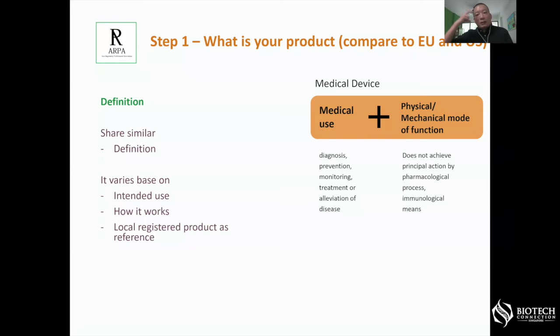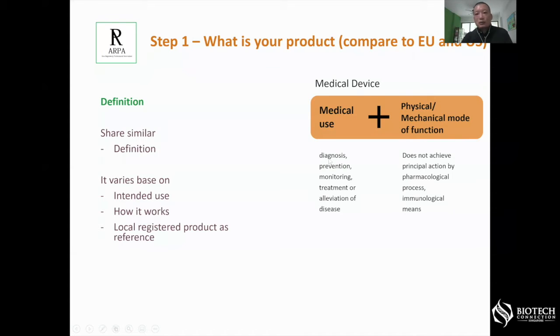Everybody knows color contact lens. The lens with color, but no power. So you don't correct any eye problem. You just give your eye color only. To you, it doesn't have a medical use, right? But it's a medical device in Singapore. That is an important exception. It's like 1 or 2% of the whole definition.